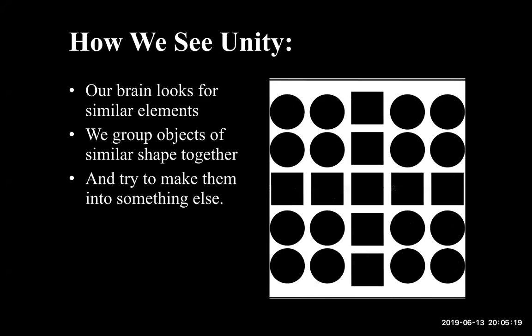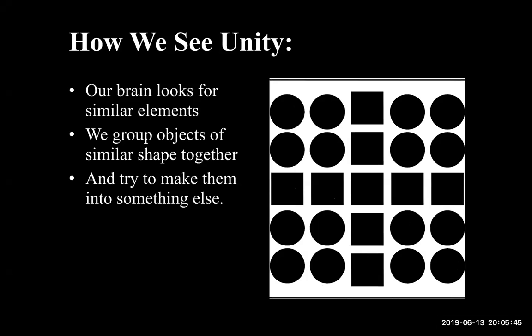So when we look at something, and I'm sure that in your youth you saw lots of visual puzzles, our brain immediately looks for similar objects, and we'll group those together, and then we'll try to make those into something else. So here we see a bunch of squares. Immediately we group them into a horizontal line and a vertical line, and then we take that whole thing and make it into a cross.